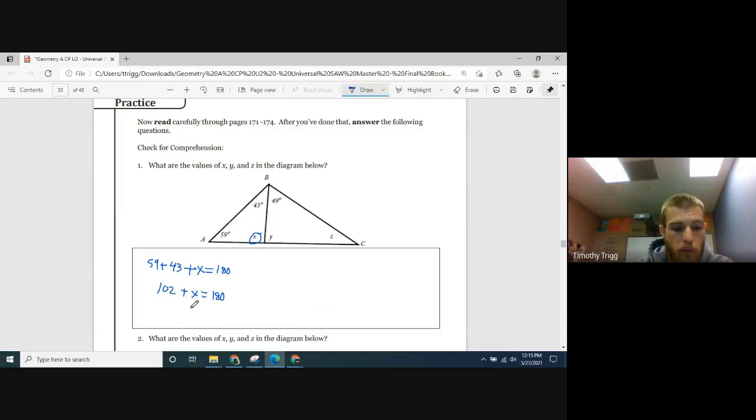Subtract 102 from both sides gives you that x equals 78. Just like that, we found x. 78.